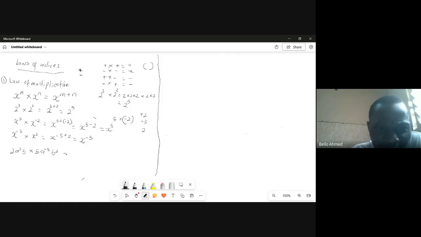You understand? Now look at this question, everybody. Some people might become confused about why the numbers and variables are together. You can have 2a raised to power 3b, right? Good. And you can have 5a raised to power minus 5, b raised to power 2. So you can have any number.